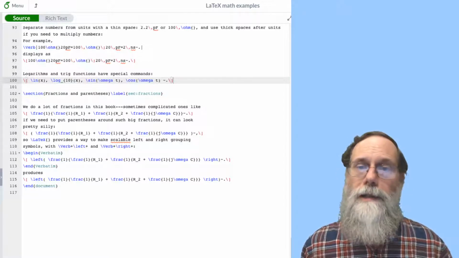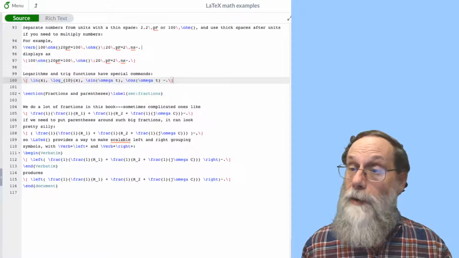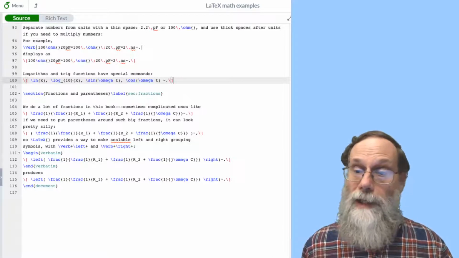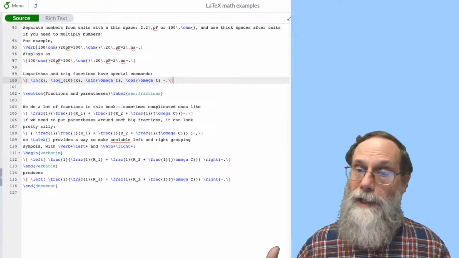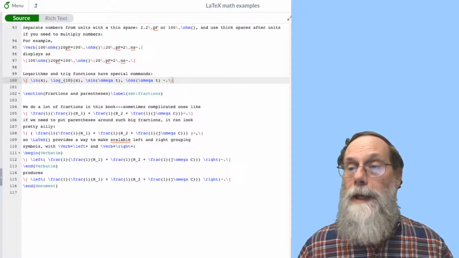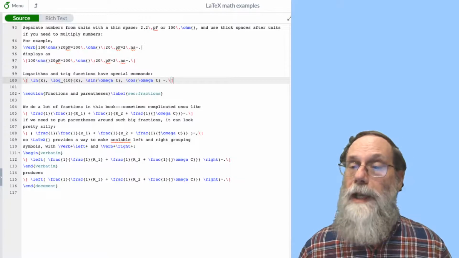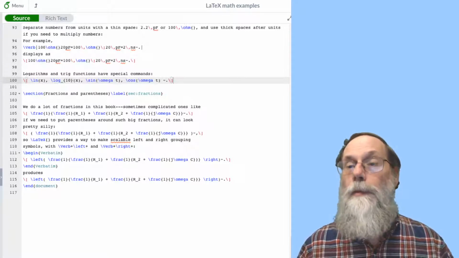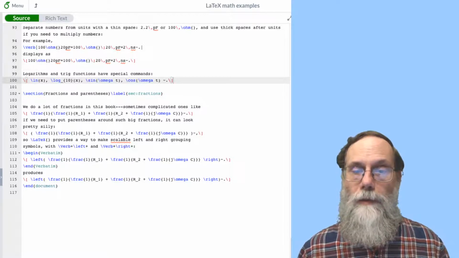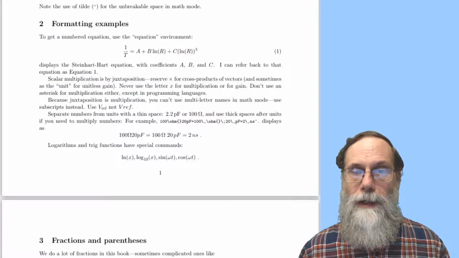So LaTeX has a nice way of doing scalable grouping symbols. You can do \left( and \right) to make grouping symbols that scale up to be as big as the thing that they're grouping inside them. And we can take a look at what that looks like.